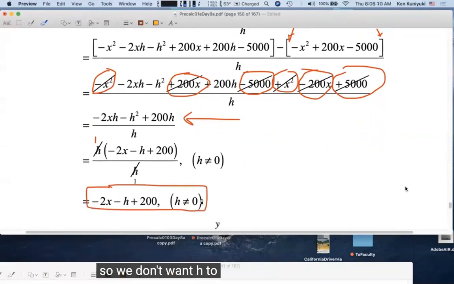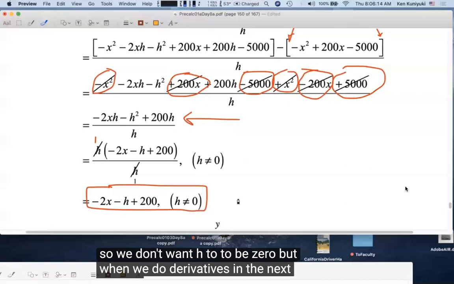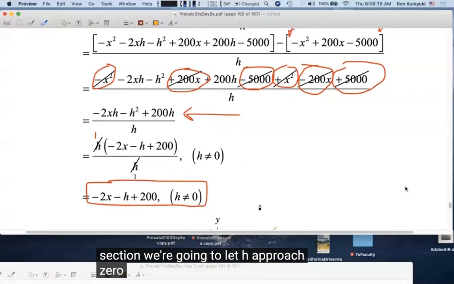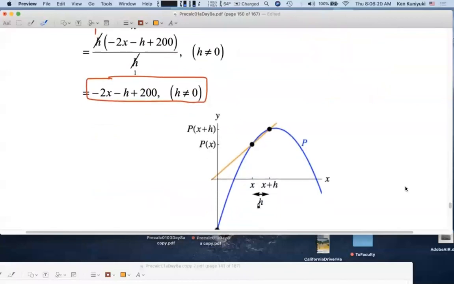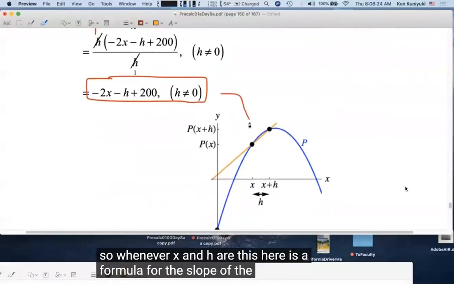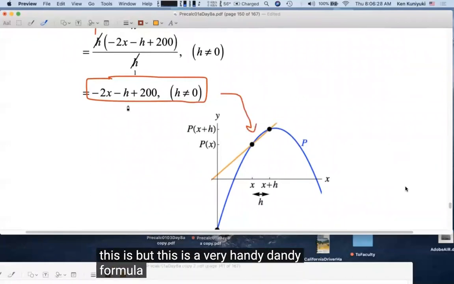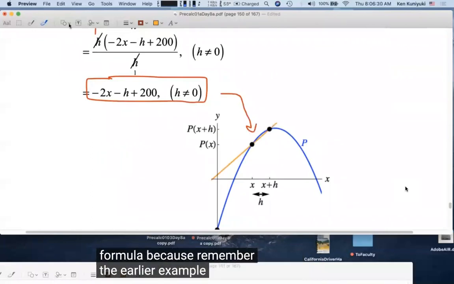So we don't want h to be 0, but when we do derivatives in the next section, we're going to let h approach 0. So whatever x and h are, this here is a formula for the slope of the secant line. But this is a very handy-dandy formula, because remember the earlier example.